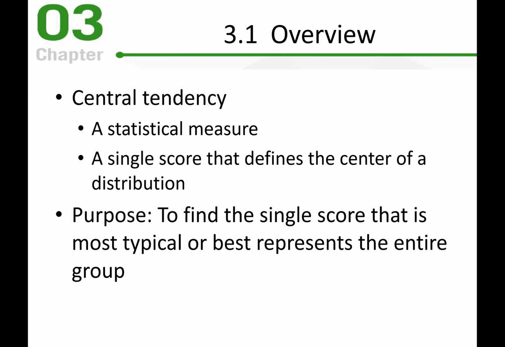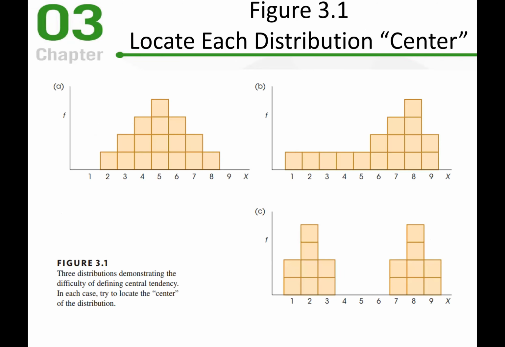So this brings up, well, what do we mean by the center of the distribution? As we learned in the last chapter, the last lecture, not all distributions are symmetrical, right? Some are skewed, and they all don't look like a Gaussian or a normal distribution.